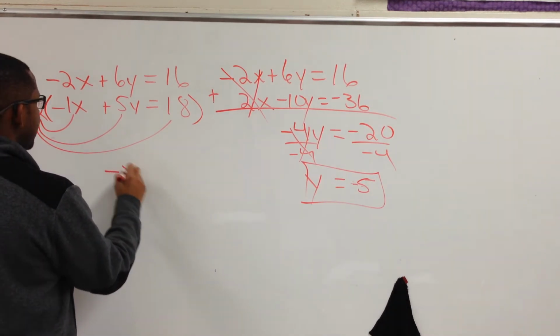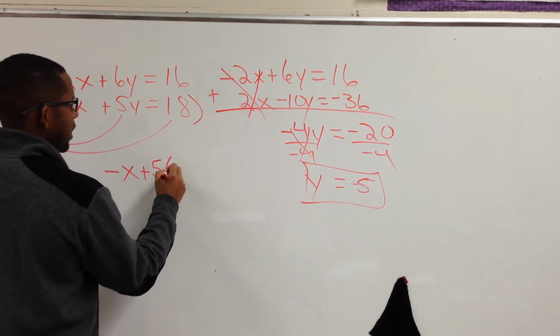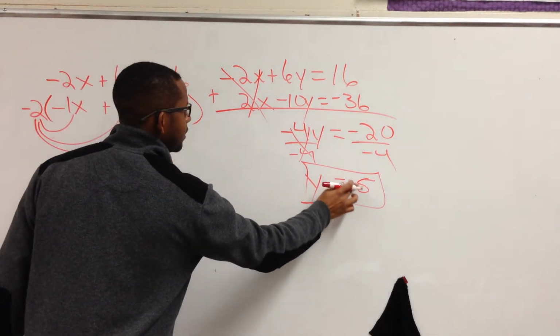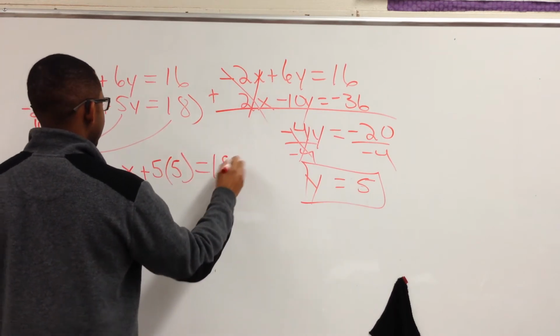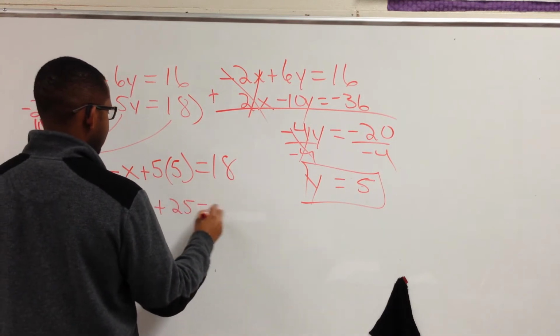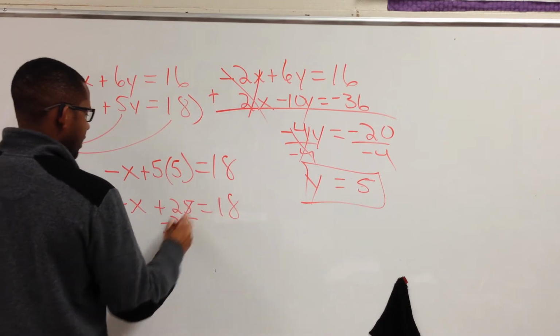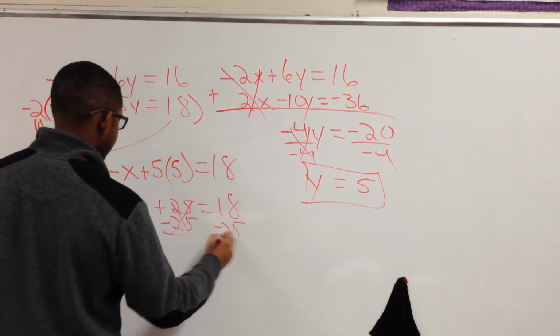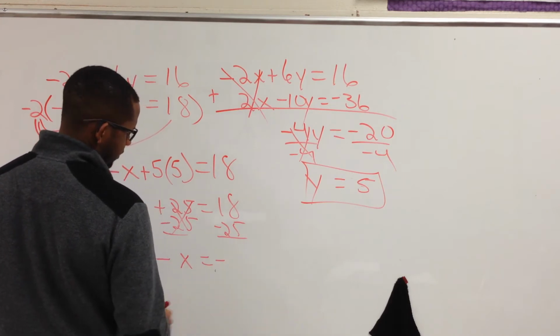So -x plus 5 times, we just found y was 5, equals 18. -x plus 25 equals 18. Minus 25, minus 25, -x equals what's that, -7?